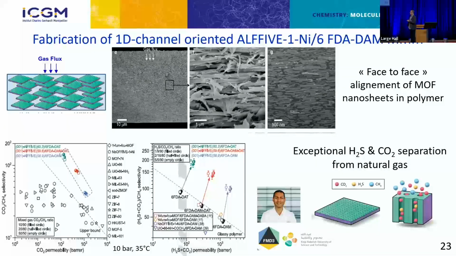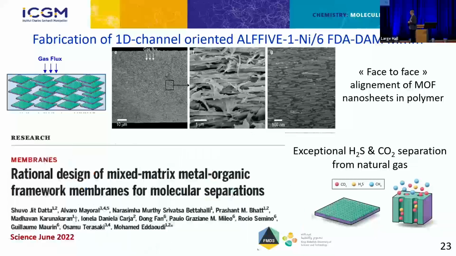It was also shown that this membrane can be very effective not only for CO2/CH4 but also in the presence of H2S. It is a paper that has been published recently in Science, where they finally demonstrated the rational design of this MMM for molecular separation.